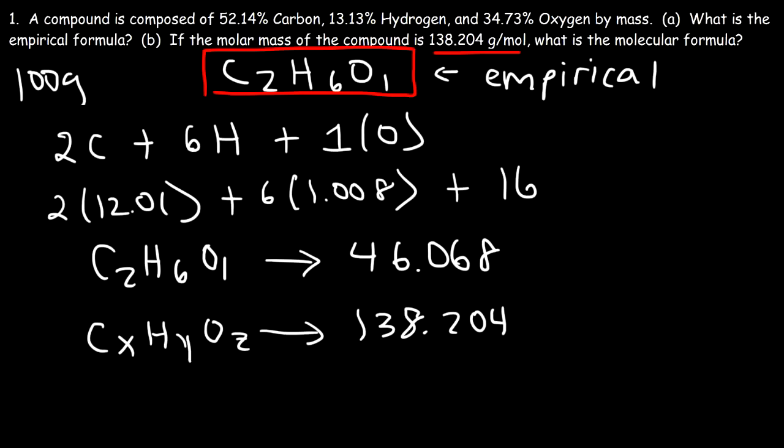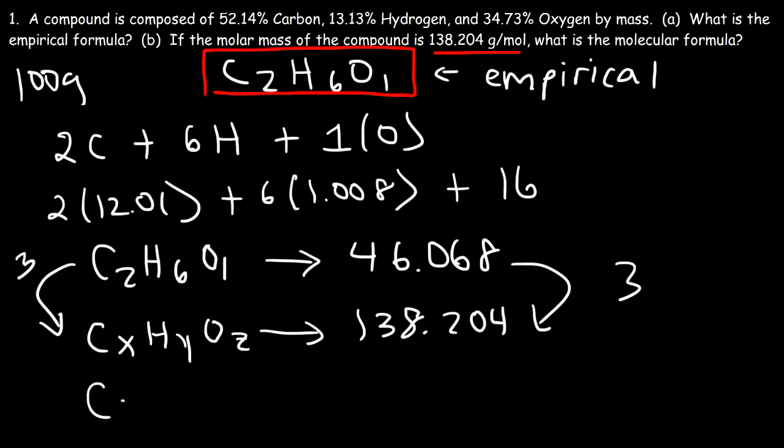So if we divide 138.204 by 46.068, we are going to get 3. So if you multiply 46 by 3, you get 138. So therefore, to get the molecular formula, we need to multiply the subscripts of the empirical formula by 3.